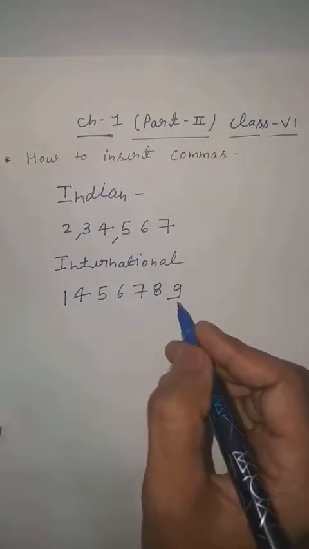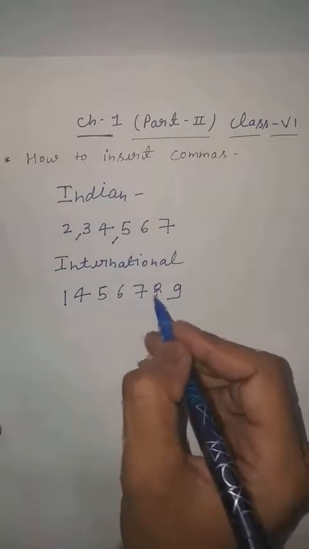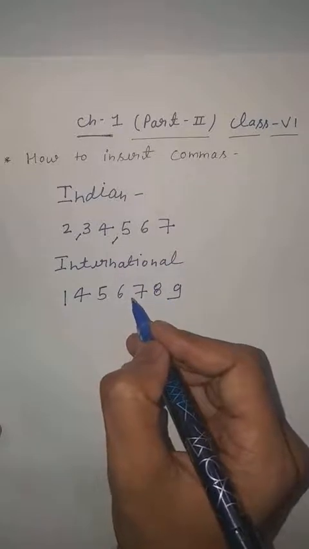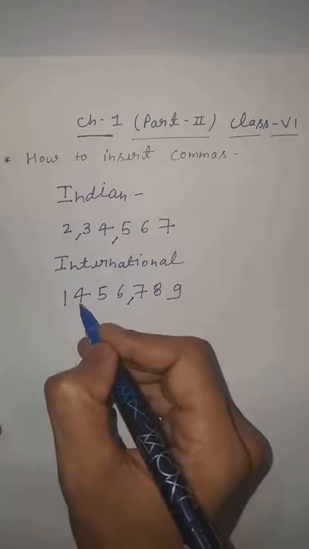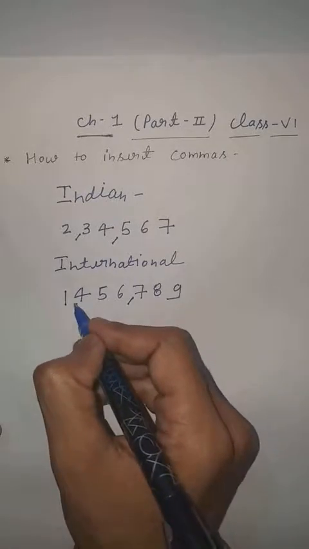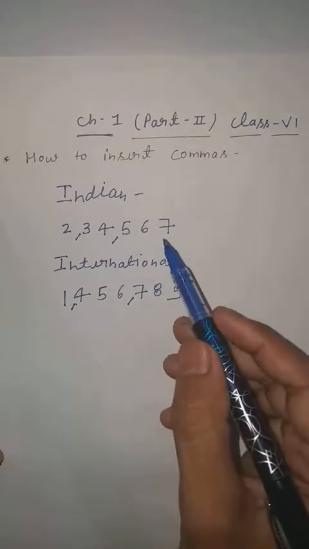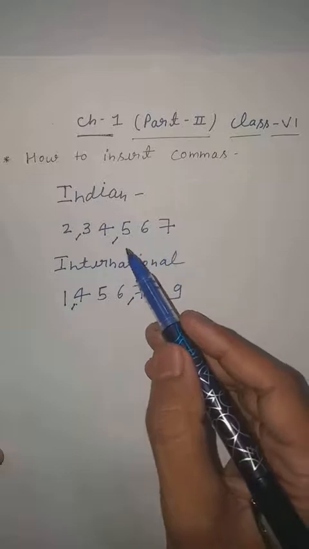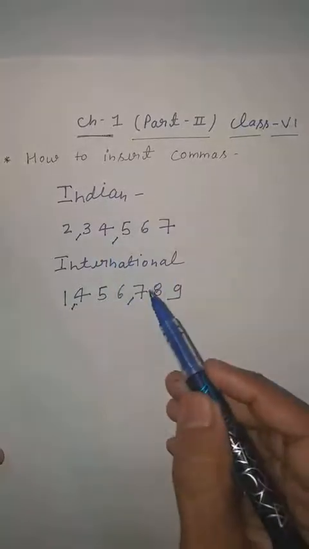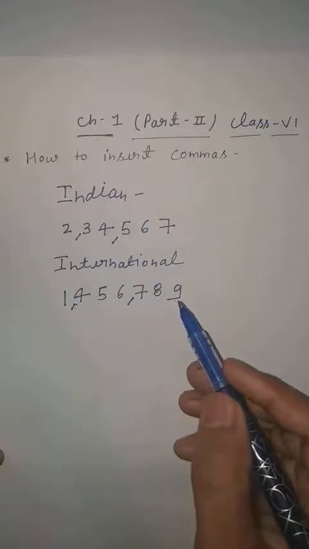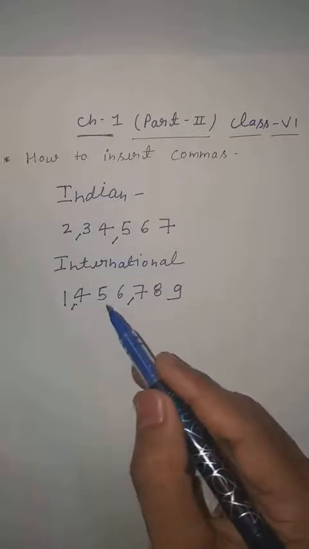You will put a comma after 3 digits, like here first digit, second digit, third digit. So you will put a comma here, and after this, first digit, second digit and third digit, you will put a comma here. So in the Indian place value system, you will put a comma after 3 digits, and the second comma after the second digit. And in the international place value chart, according to this, you will put commas after every 3 digits.